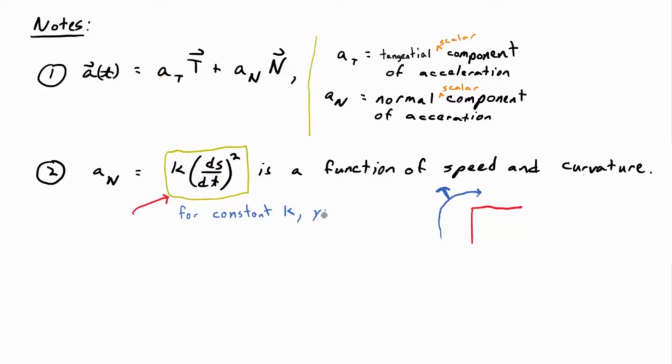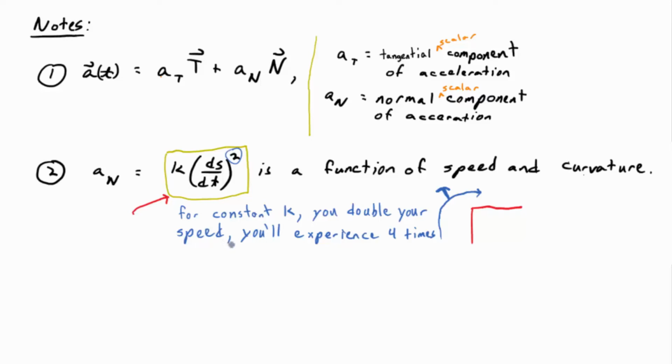So you double your speed, you're squaring: 2 times 2, squared, is 4.